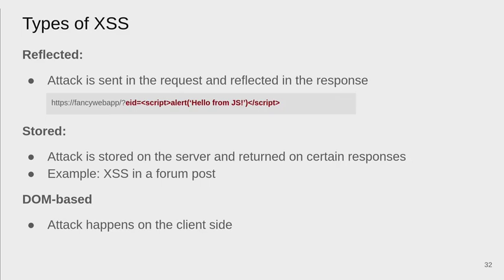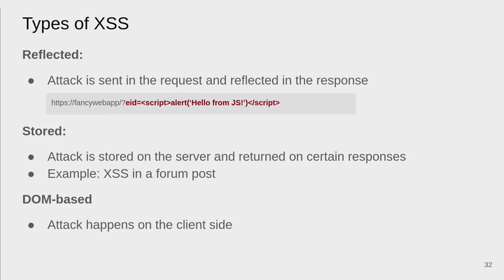Stored cross-site scripting: the attack is stored on the server and returned on certain responses. For example, for all the users that download or browse a certain page, the malicious code is being returned. In a web forum, this is a common attack vector. There's also DOM-based cross-site scripting, where the attack happens on the client side.